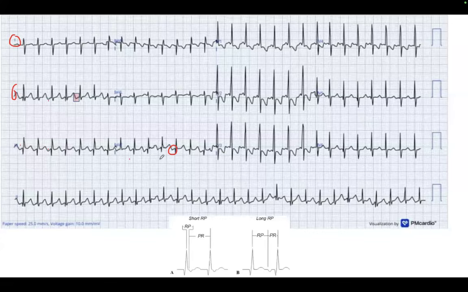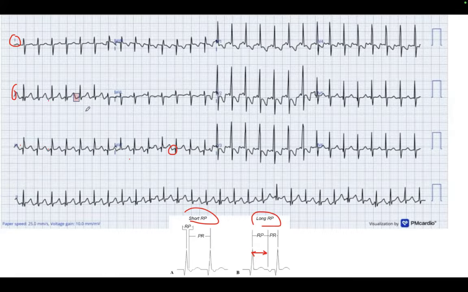But if you look more carefully, SVT could be further classified into short RP and long RP, which basically refers to the interval between the QRS and the P wave. To simplify things, if you see clearly P waves outside the QRS, this is called long RP. This is the P wave, by the way.